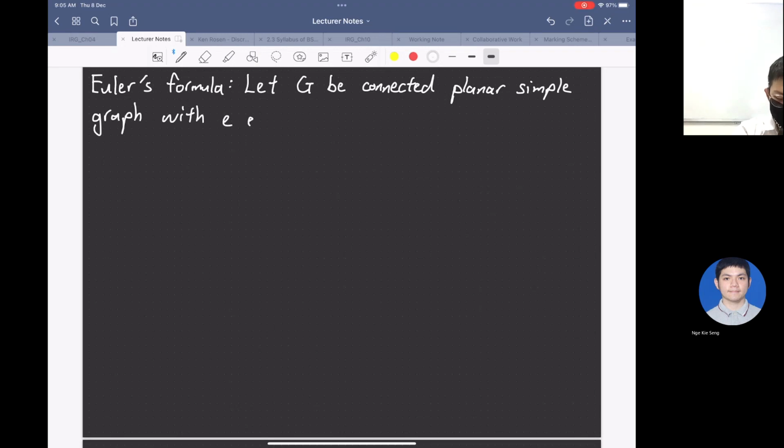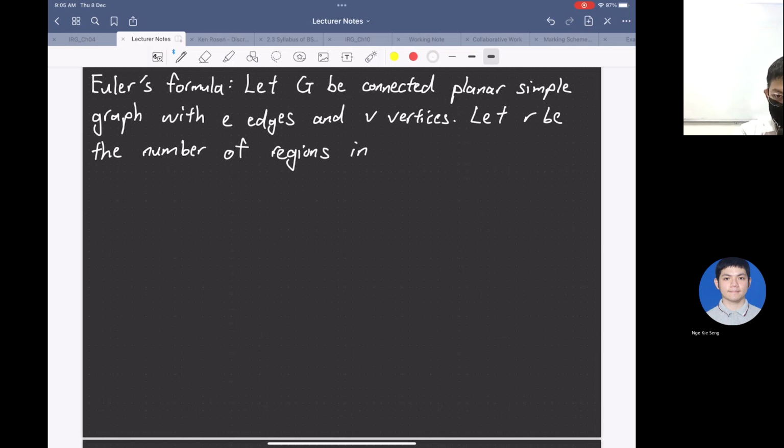So let E be the number of edges, V be the number of vertices, and R be the number of regions. Who remembers how these three numbers get tied together?